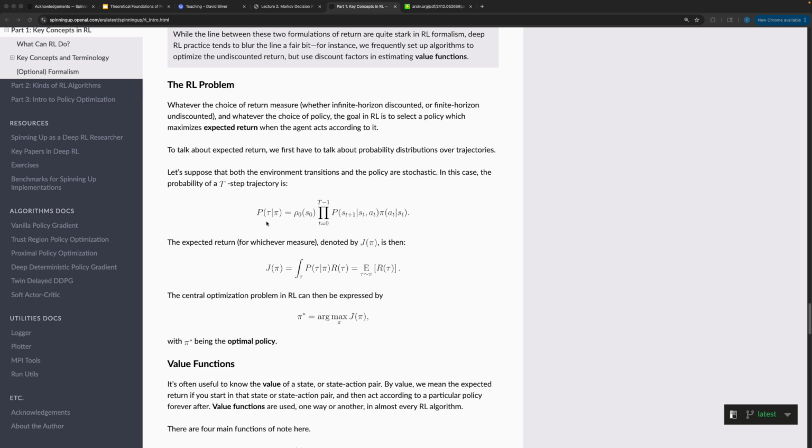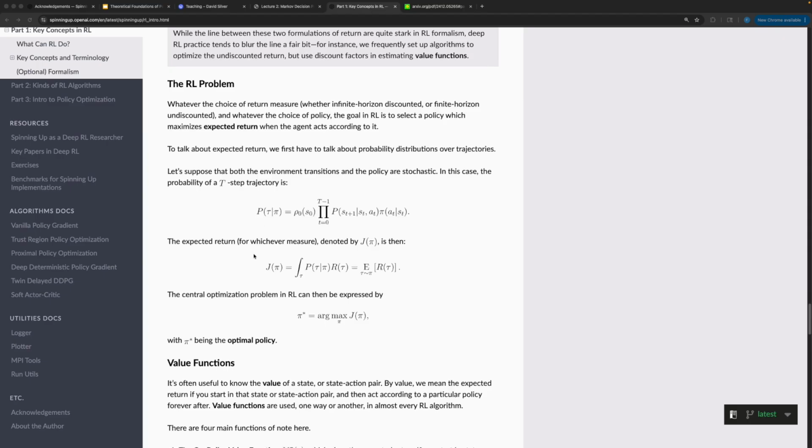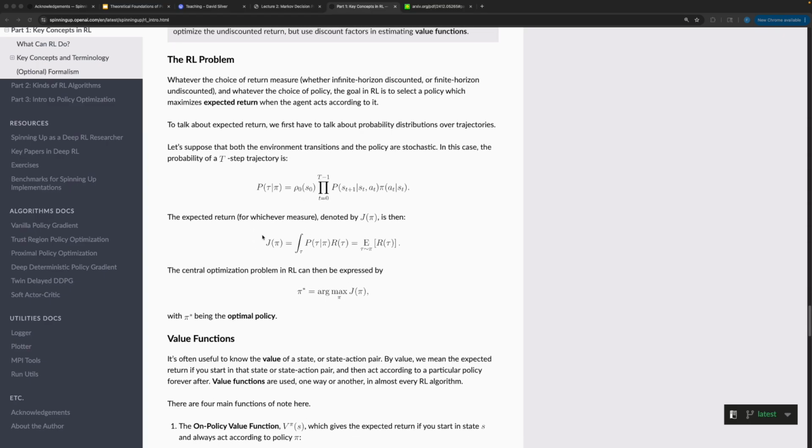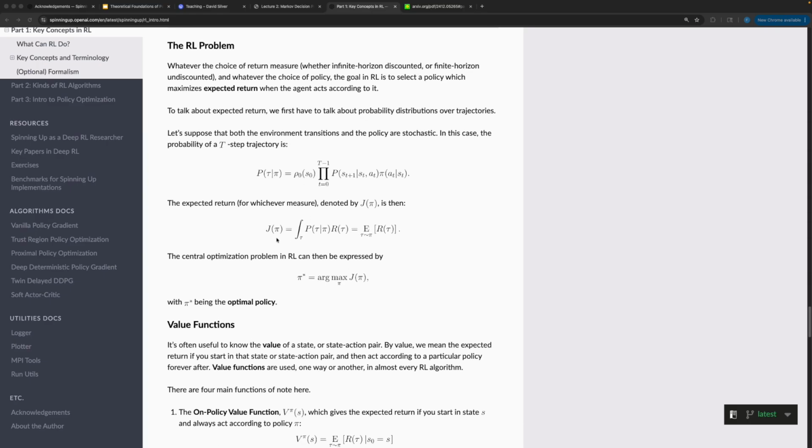That's the probability of a trajectory given a policy, and our goal is to maximize this objective, which is the total expected return from this policy. If you are summing over all trajectories, we want to take the expectation of that return.